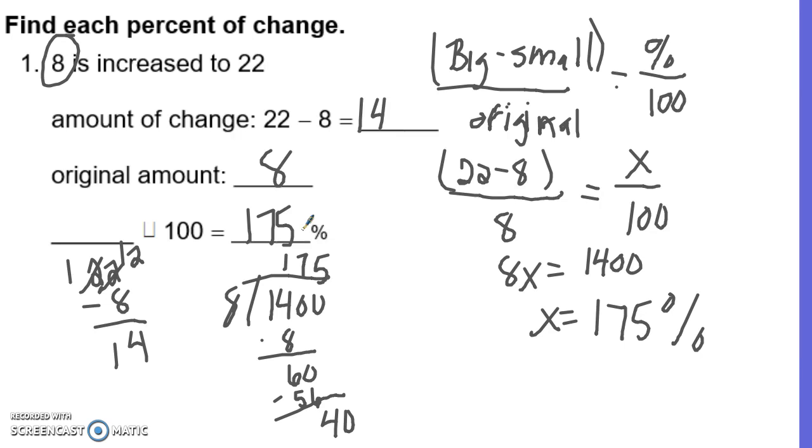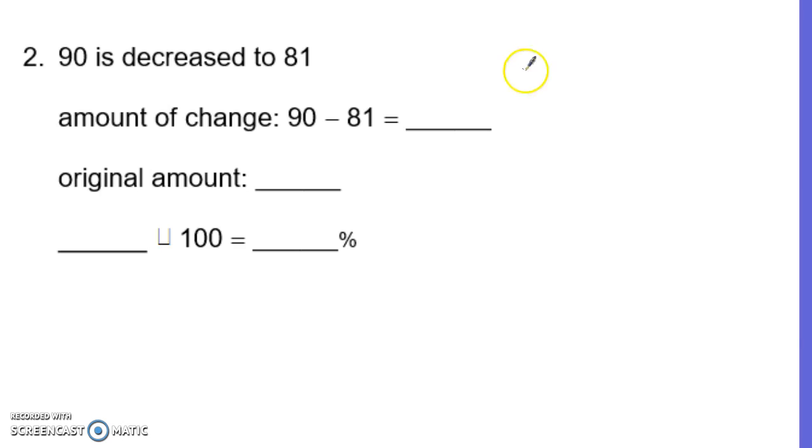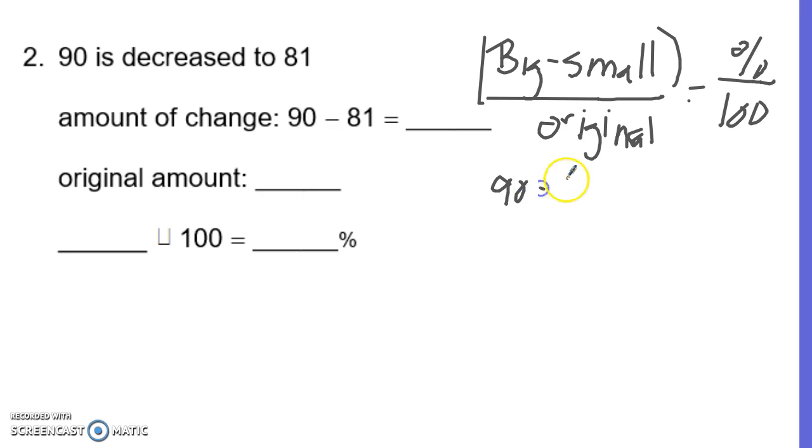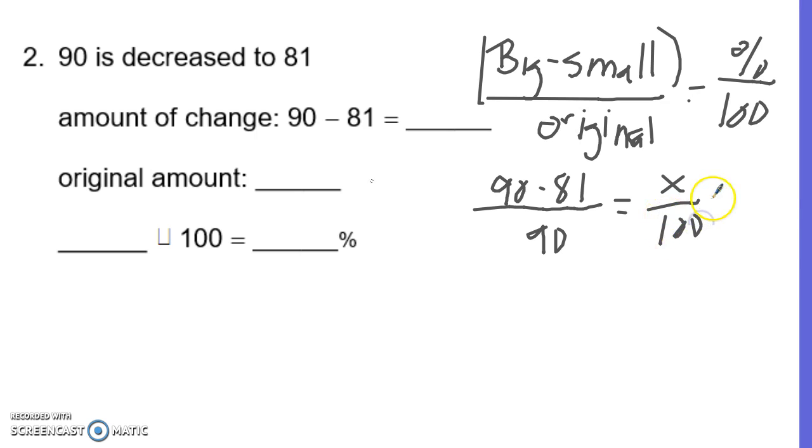All right, let's take a look at number 2. On number 2, we're going to do big minus small over original equals percent over 100. So I'm going to do 90 minus 81 over 90 equals x over 100.